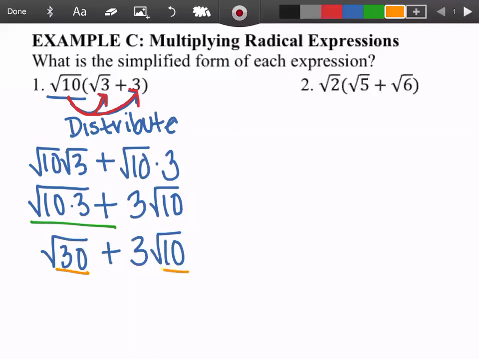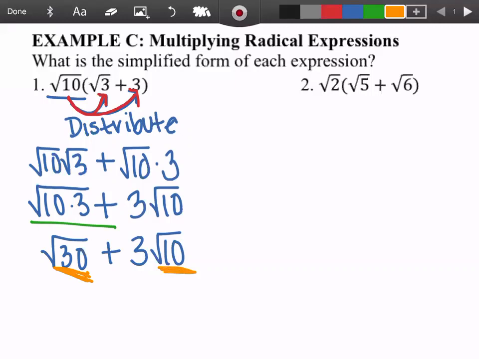And for this first 30, you have to think, are there any perfect squares that divide into 30? And if there are, you would have to simplify this down further. In this case, we don't have to simplify it further because there are no perfect square factors of 30. And then the same thing holds true with 10. Think of your factors of 10. Are any of those perfect squares?